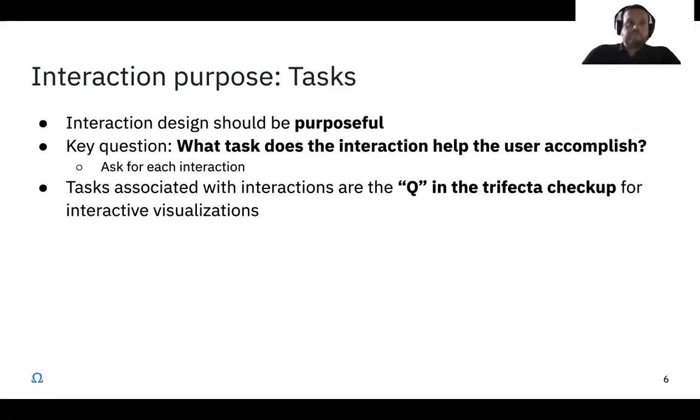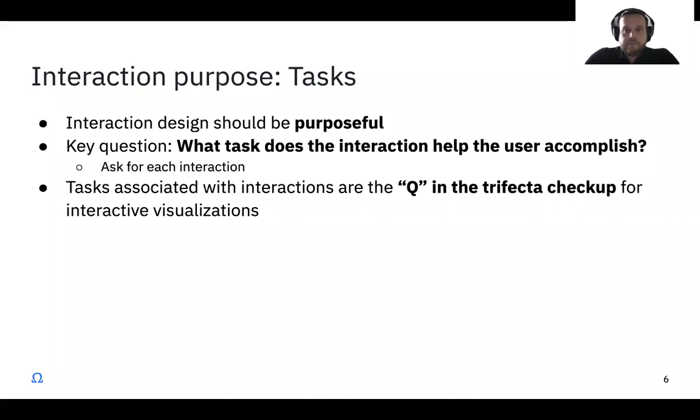And of course, last lecture we have talked about visualizations having a purpose. We really emphasized this point, and also interaction design should be purposeful. So the key question you should ask for each interaction that you design within your system is what task does the interaction help the user accomplish?